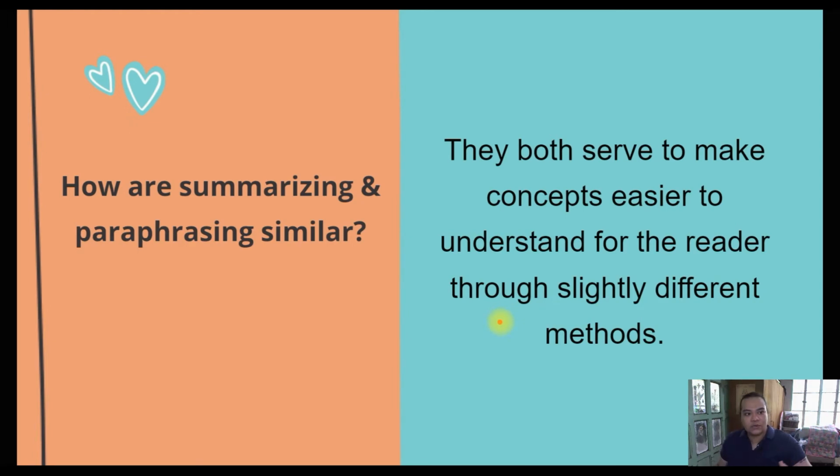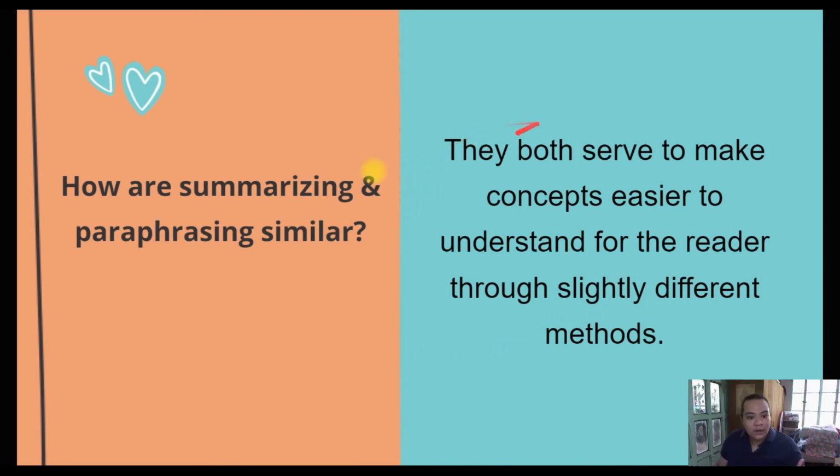So if you write a summary or a paraphrase and it's somehow harder to understand, then something went wrong along the way. You have to do the summary and the paraphrase all over again. All right, so remember, when we are doing these two things, we need to make the concepts easier to understand. Okay, so that's summarizing and paraphrasing.